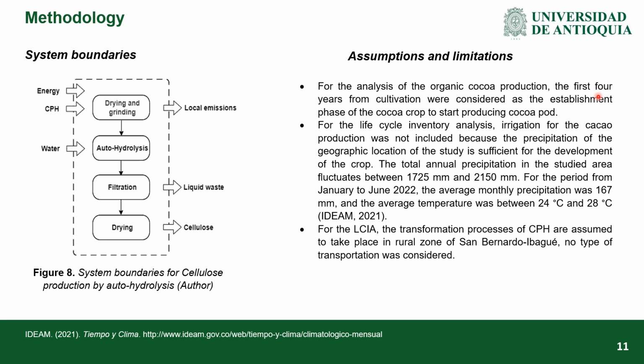This was considered to develop the inventory analysis of this system when I obtained the impact related to the generation of CPH. For the life cycle inventory analysis, irrigation for the cacao production was not included because the precipitation of the geographic location of the study is known for the development of the crop.